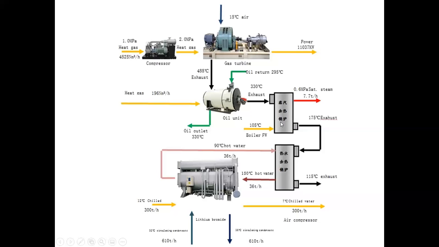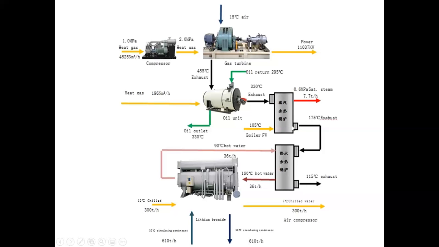That's wonderful. Thank you. Okay, so 105 degrees C boiler feed water in, and saturated steam at 0.6 MPa. I don't know what temperature that is. We could just look up the saturation tables. Almost 17,000 pounds an hour, 7.7 tons an hour.